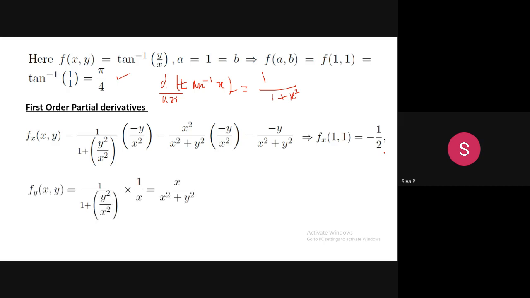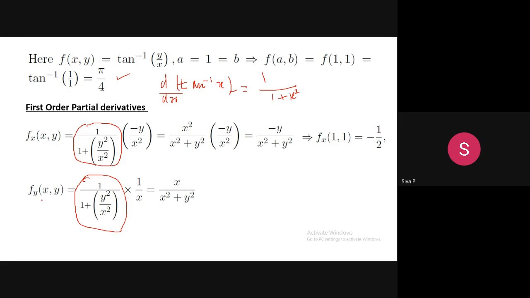Similarly, we can find fy of x comma y. It is the same thing, 1 by this first. But the differentiation with respect to x gave minus y by x square. If you differentiate y by x with respect to y, keep 1 by x, and differentiation of y is 1.